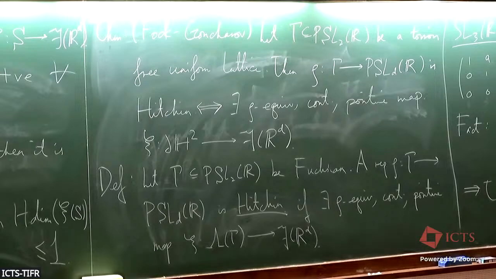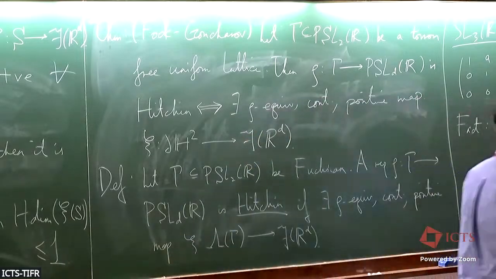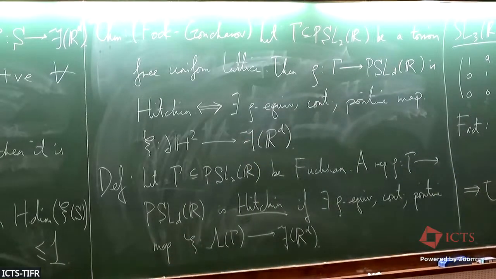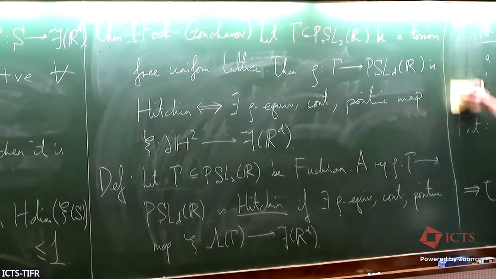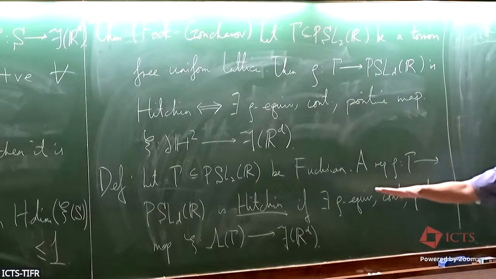Okay, so I have this definition. The first thing I want to give you an idea of, the next result I want to get towards, is to show that with this definition, we saw examples of Hitchin representations, right? When gamma is convex cocompact.